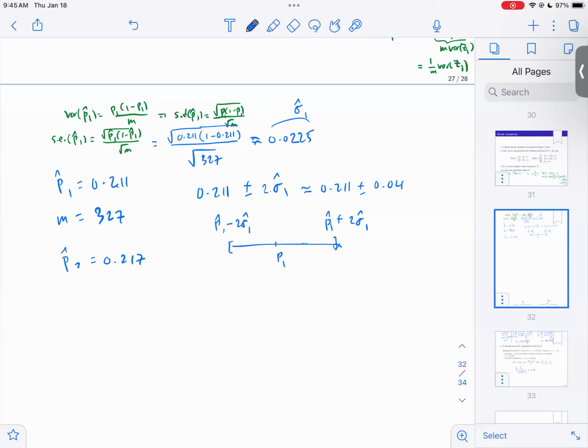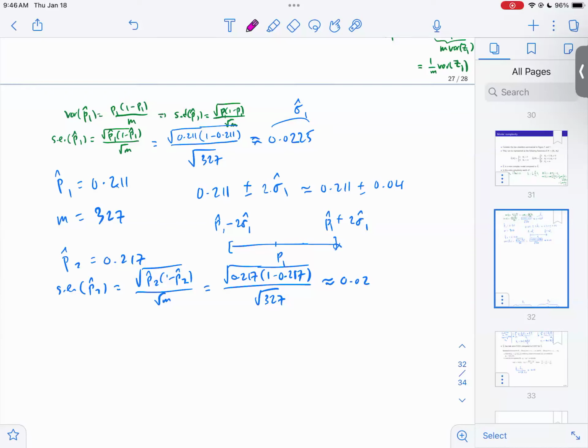The standard error of P hat 2 would be the same kind of object, root of 0.0217 times 1 minus 0.0217, over root m. The numerator and denominator are roughly the same, so this is also roughly 0.02. So you have this, and there's also the P2.